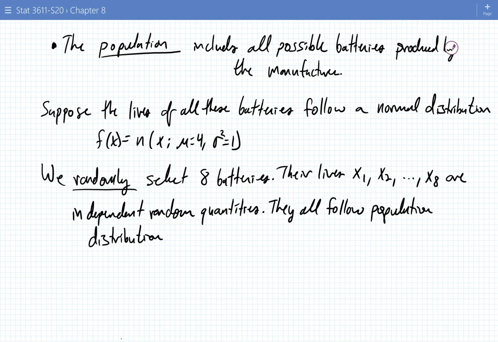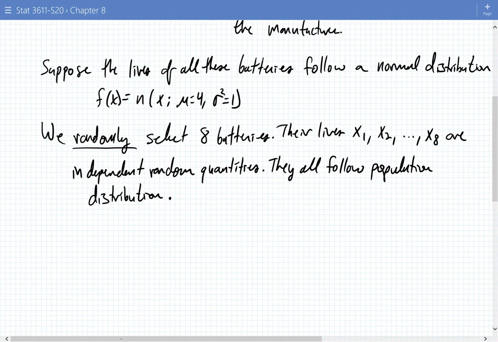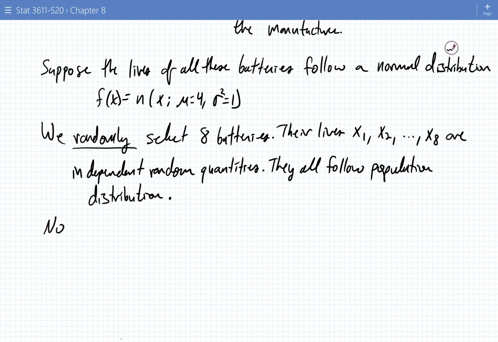But they're independent random quantities because if, for example, the first battery dies in 1 year, that doesn't necessarily affect the probability that the second battery dies in 1 year, because these are all pulled at the same time at random.